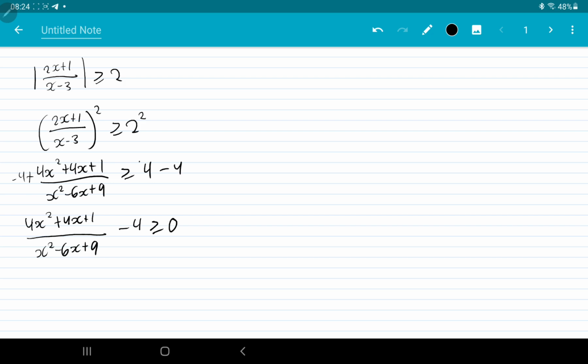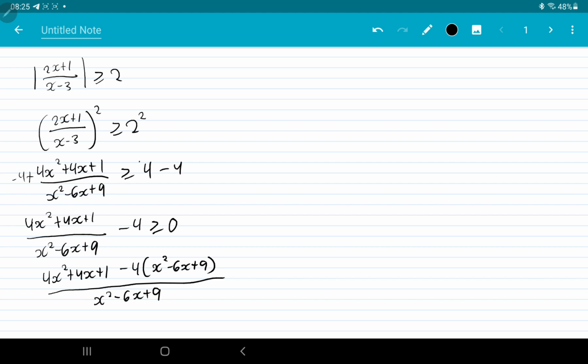Now, I don't want to bring my denominator to the right-hand side because that's not how we deal with fractions. So let me show you how we do it. First things first, combine these two to become a single fraction. So it should become 4x squared plus 4x plus 1 minus (4 times x squared minus 6x plus 9), divided by x squared minus 6x plus 9.